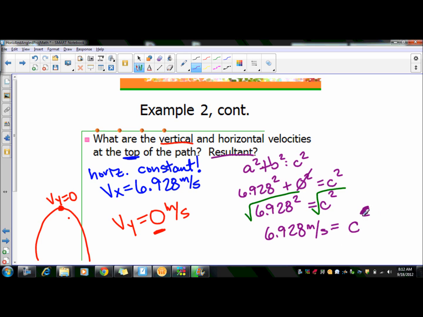Or, sorry, equals c. So our resultant velocity is the same as the horizontal. And that's for the top of the path. That's the most important part. The resultant is the horizontal at the top of the path.